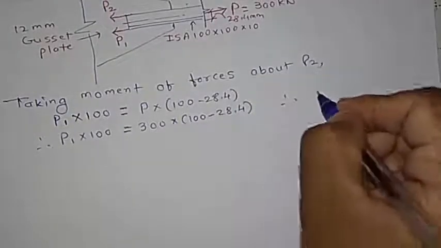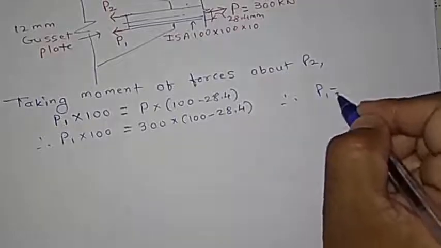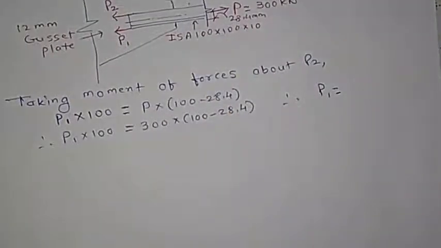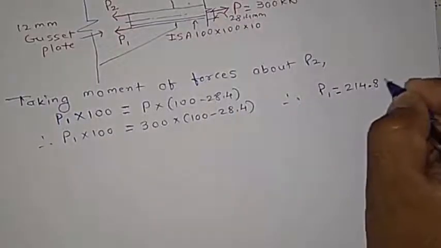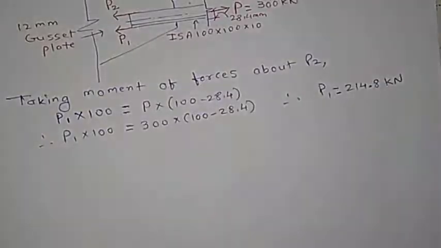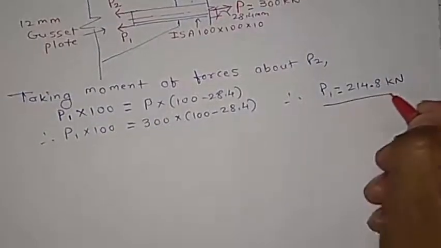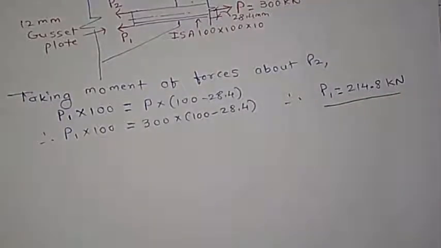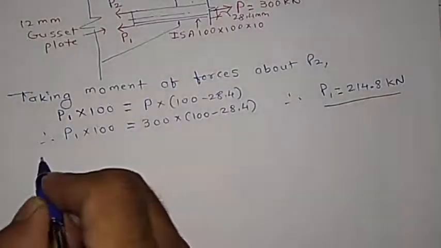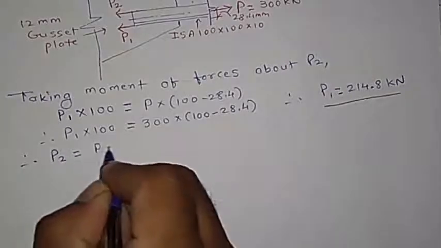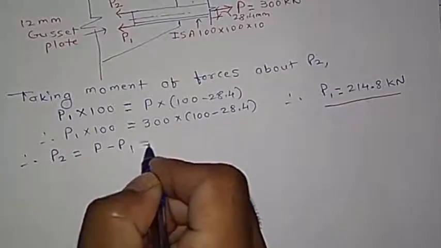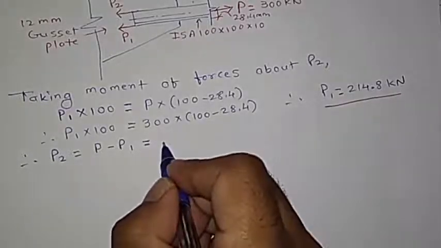So from this we will get P1 equal to 214.8 kilonewton. So that is the P1 force, and to get the P2 force we have P2 equals capital P minus P1, because they are the resisting forces.